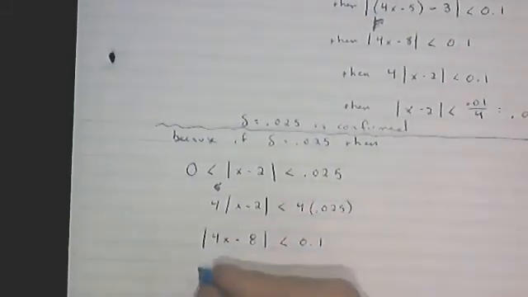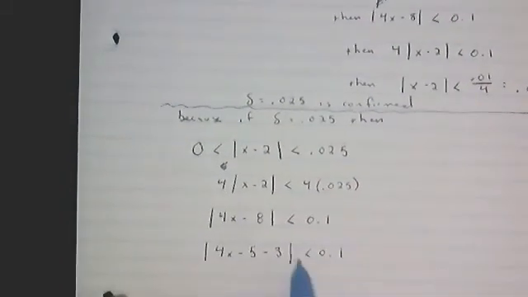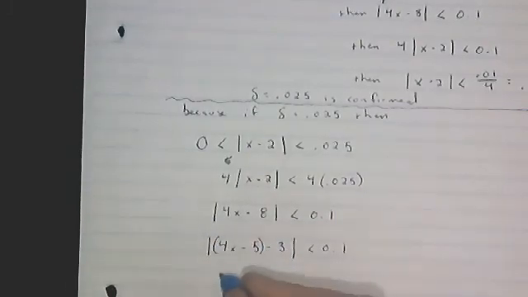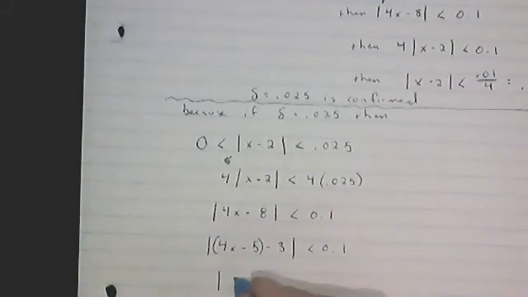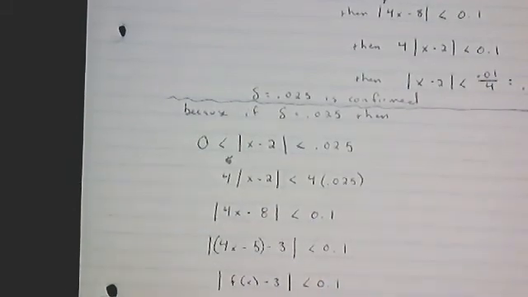We separate this -8 into a -5 and a -3, still less than 0.1. Well, 4x minus 5 is, of course, f of x. So then this means that the absolute value of f of x minus 3 will be less than 1/10, which is what we wanted to show.